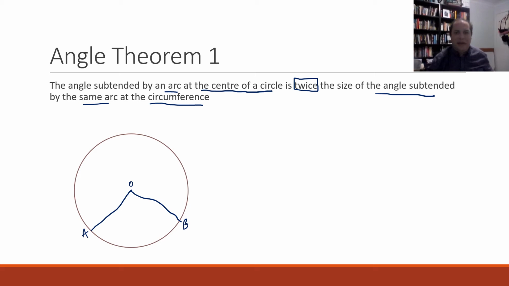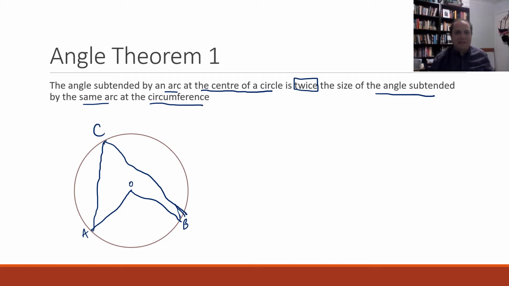Using A and B, we now draw an angle at the circumference up there, and then down to B, imagining that line straight and going towards B. What we're saying is that this angle at the center is double the size of the angle at C.